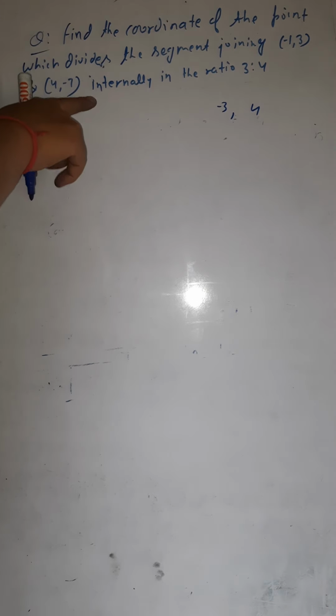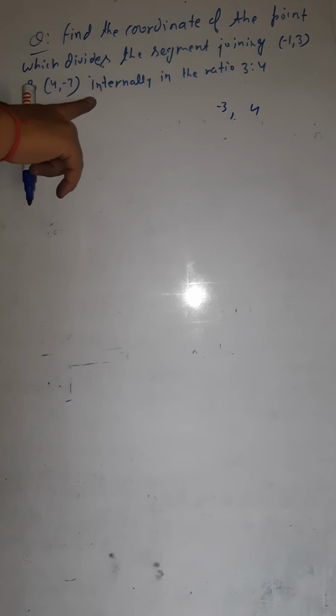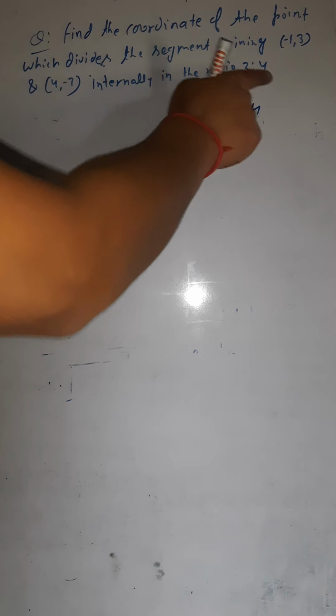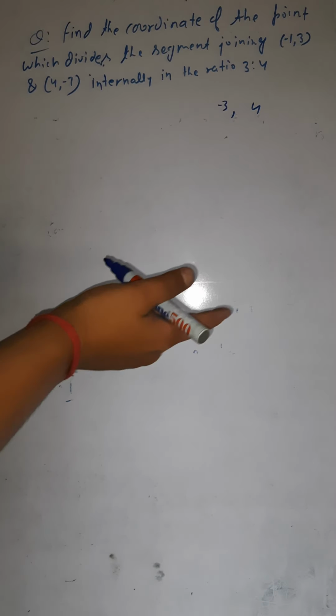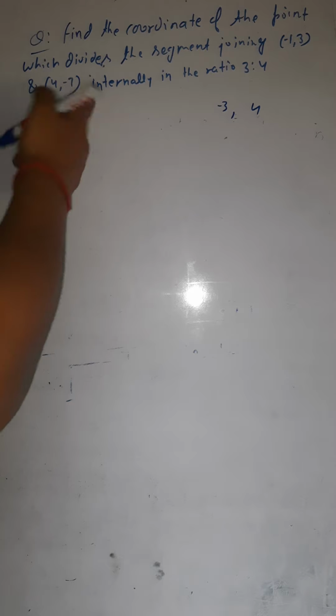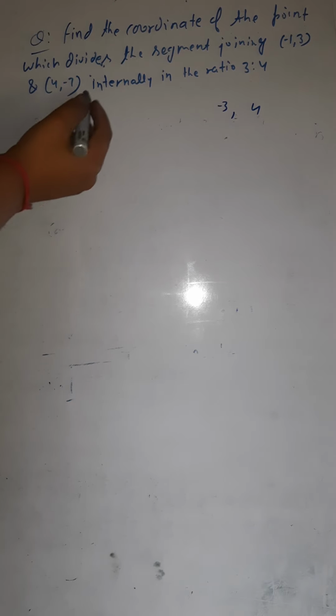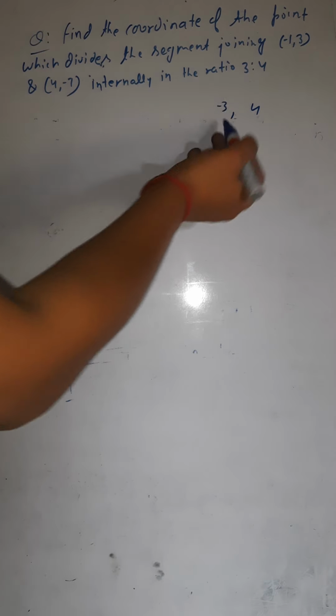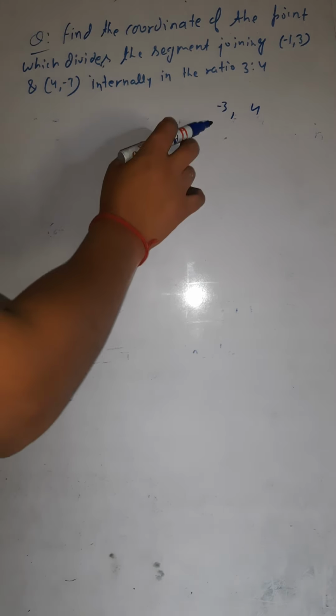In case of internally, it's okay, 3:4. But had it been written externally, then m1 will be minus 3, meaning one value will be negative, and m2 will be 4. Are you getting this? So this also you have to remember.